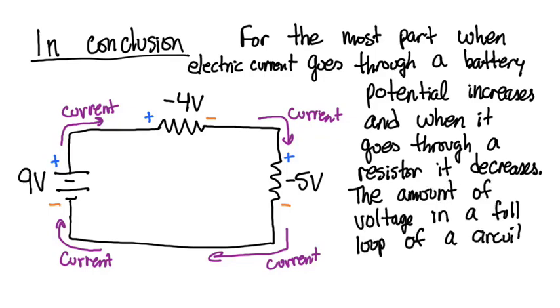The amount of voltage in a full loop of a circuit must add to 0. And you can see in this particular circuit that if we go up 9 volts, we come down 4 volts, we have to come down another 5 volts in order to get back to 0. The whole loop adds up to 0, and in this way we can find missing voltage changes for different elements within a circuit.